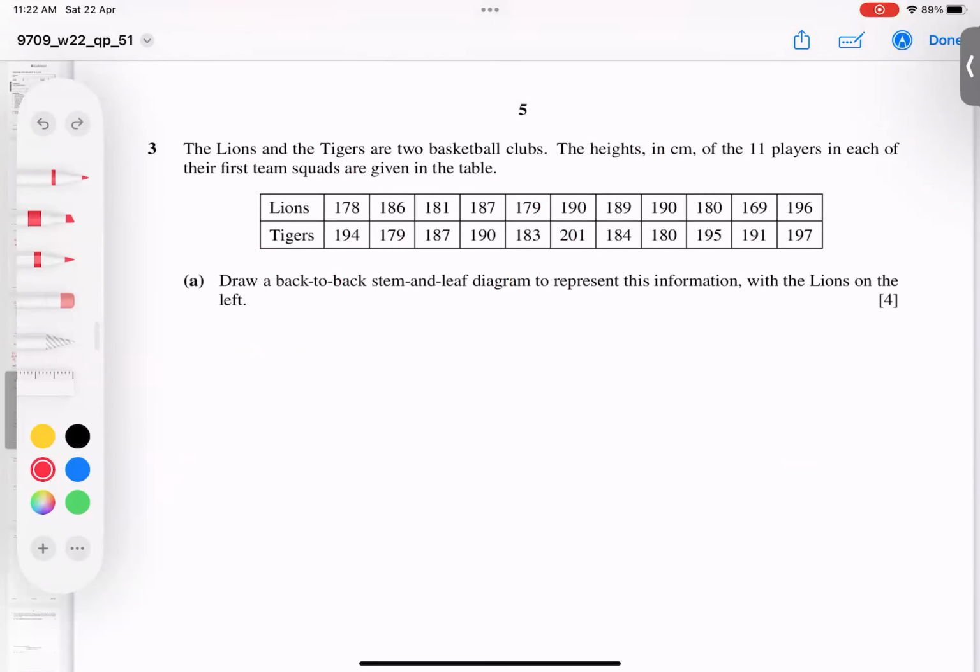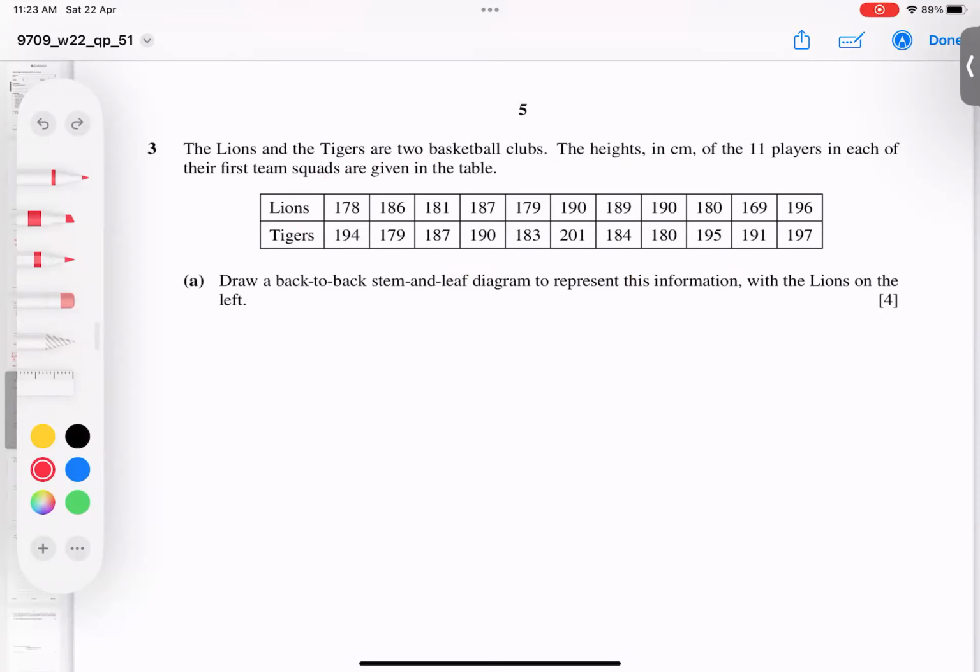Question number 3. We have the Lions and Tigers, two basketball clubs. The heights of 11 players are mentioned here. What is the technique to deal with this kind of question? First of all, check the least and the largest value among the whole table, and the least value not from any one but from both.